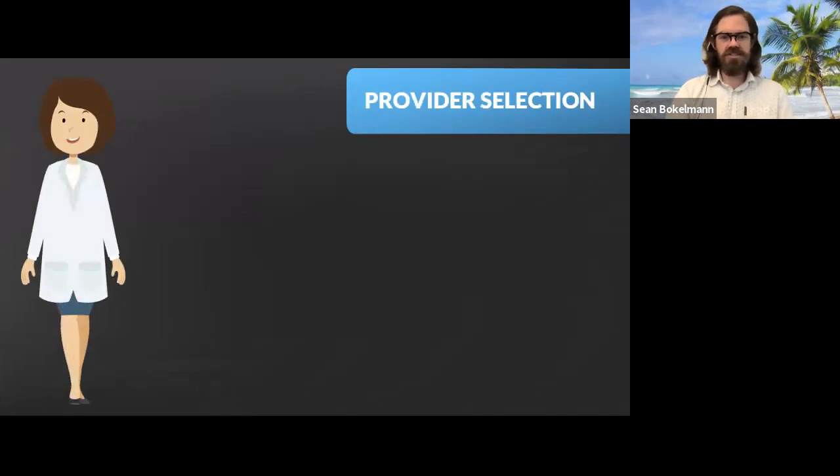Now, there's also this issue of provider selection, right? Remember that these HMOs or these MCOs typically have in-network doctors and out-of-network doctors. So here we're talking about the selection of those doctors that would be in-network or part of the group.